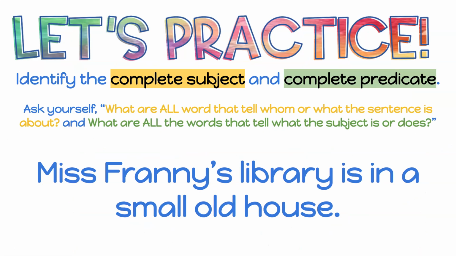Let's practice. We're going to identify the complete subject and the complete predicate. All right, Miss Franny's library is in a small old house. Remember, subject is who or what it's all about. Predicate is what that subject's doing or is. Take a moment here to identify the complete subject and the complete predicate.